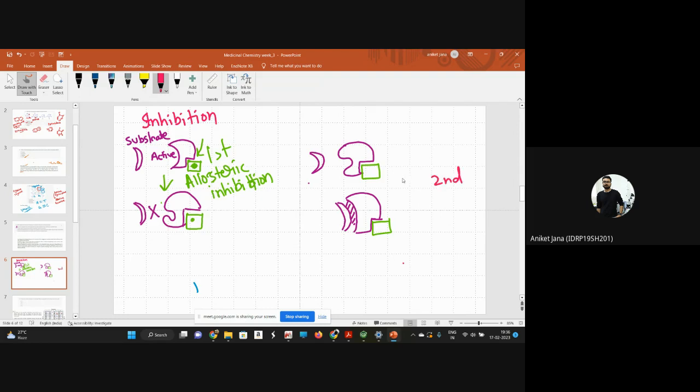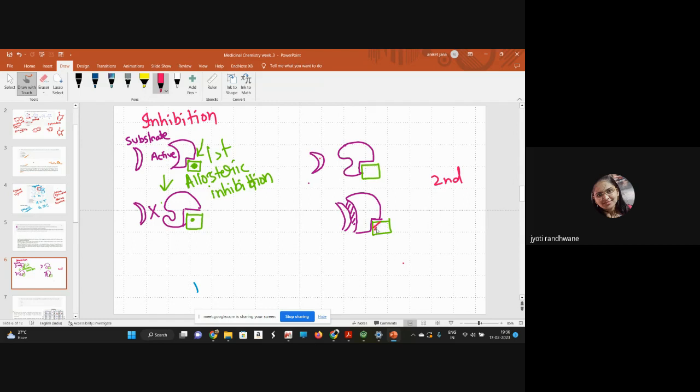Now coming to the second case, what is happening here? Can anybody say? The active site and substrate. There is no binding. In the first case, the active site and substrate are not compatible.